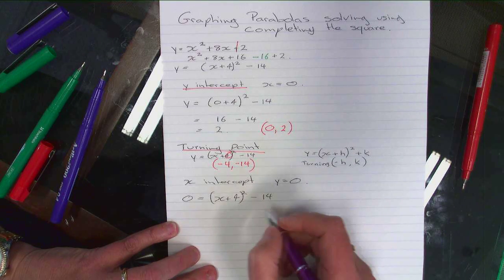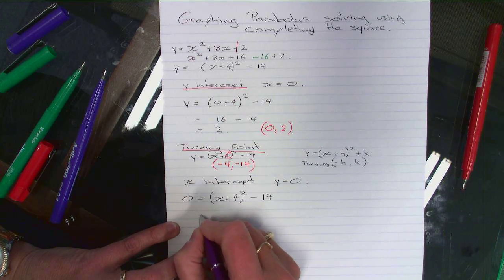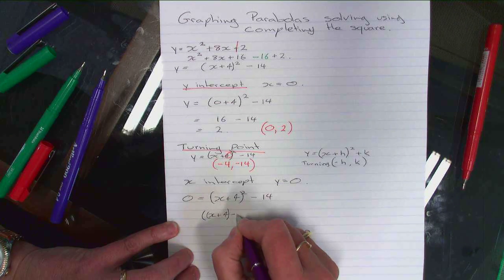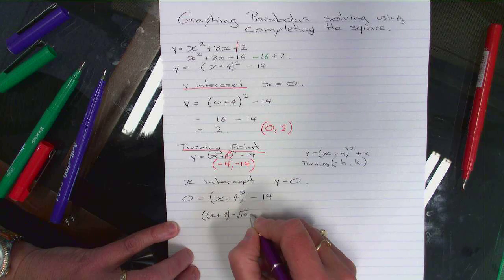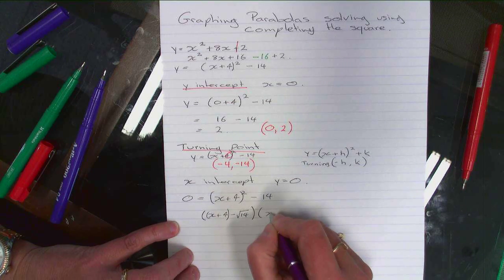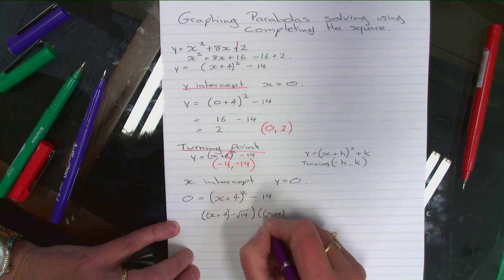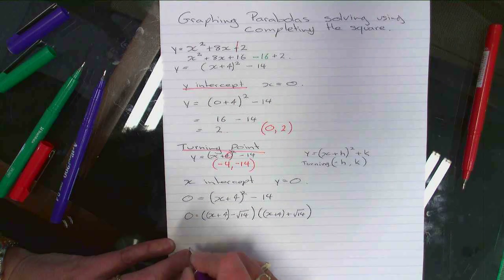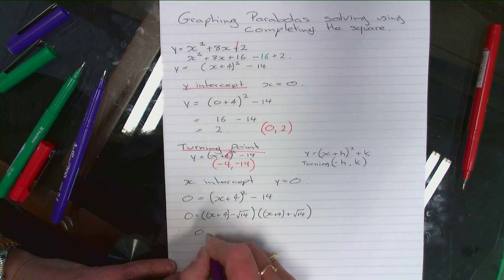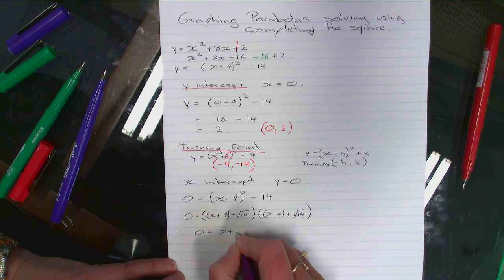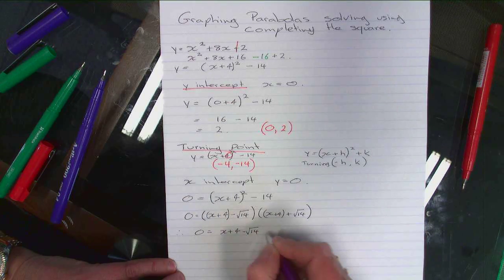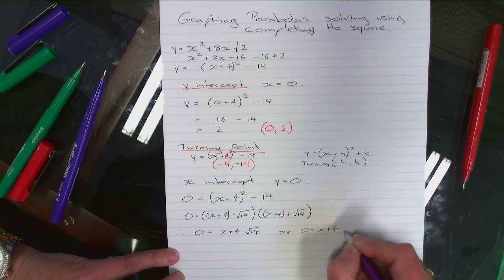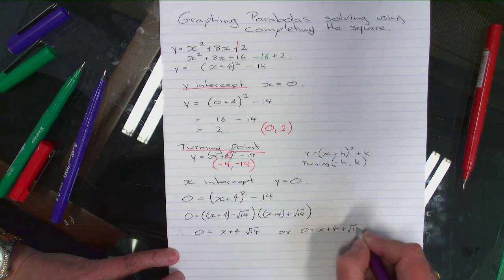So using difference of perfect squares, we're going to have x plus 4 minus the square root of 14 in one set of brackets, and x plus 4 plus the square root of 14 in the other set of brackets. So therefore 0 equals x plus 4 minus the square root of 14, or 0 equals x plus 4 plus the square root of 14.